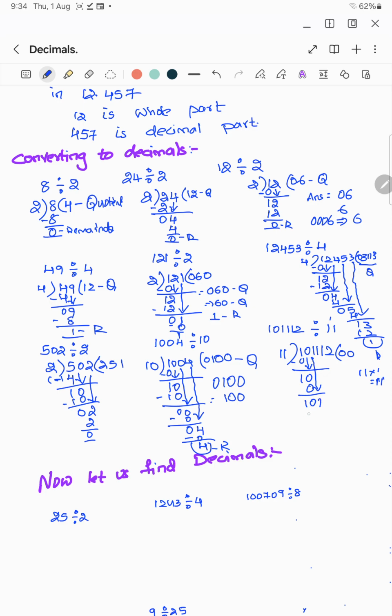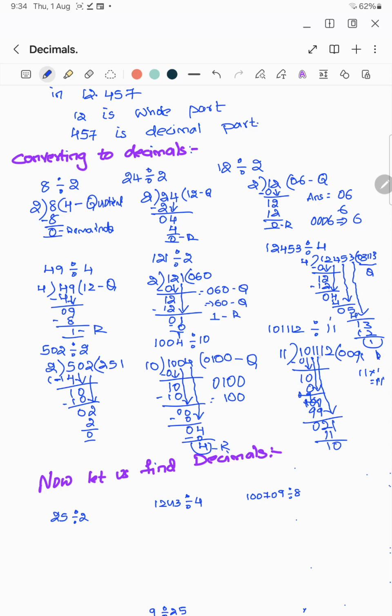Now check for 101, a multiple of 11 which is equal to 101 or less than 101. 11 nines are 99. Take one more number carried on. A multiple of 11 which is equal to 21 or less than 21. 11 ones are 11.